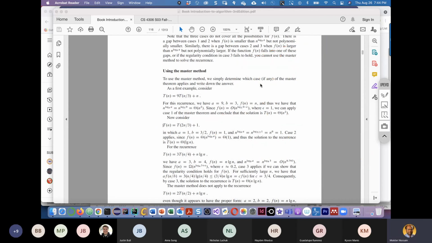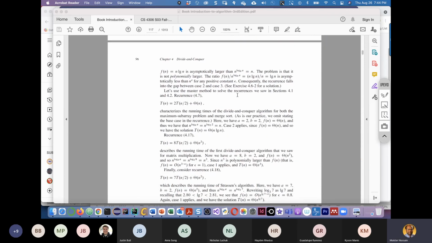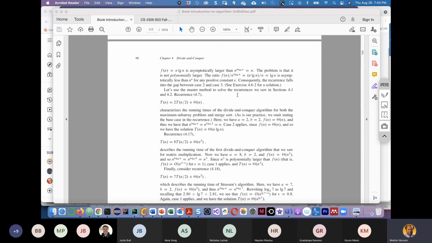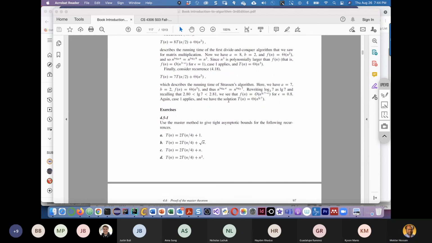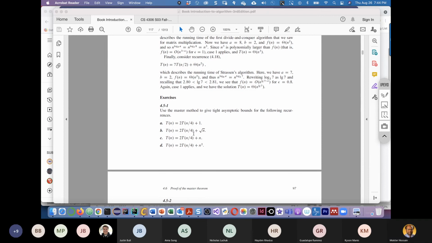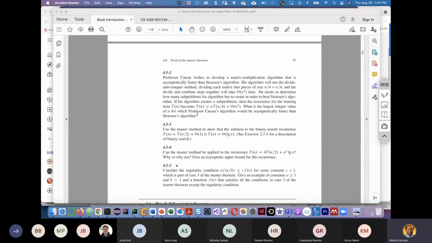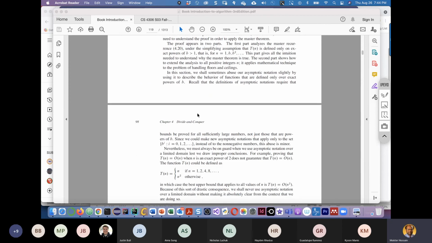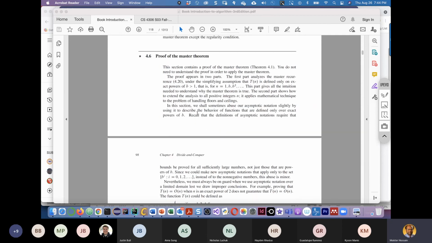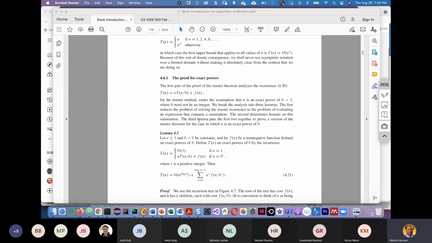There are a few more problems over here. Please solve these problems. You will get some quiz questions from this section. If you want to understand the proof of the Master Theorem, you need to read this.